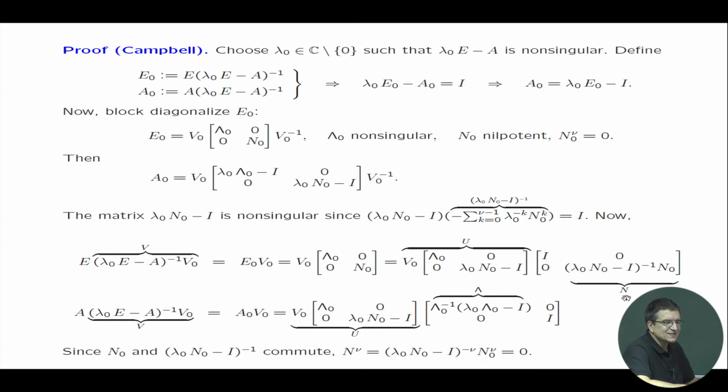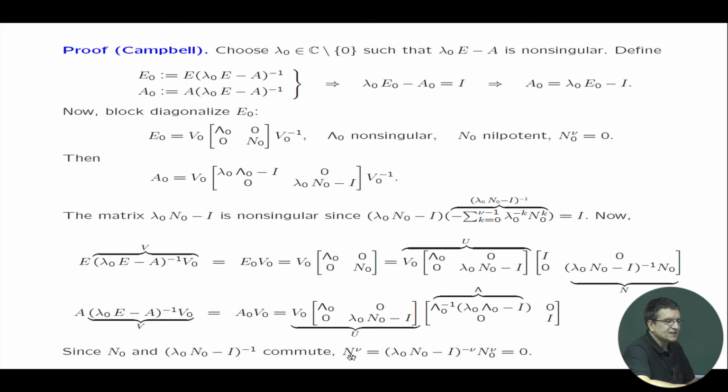And this is the n, and this is indeed nilpotent, because this matrix here commutes with this one. Because this matrix is just a polynomial of the nilpotent matrix.